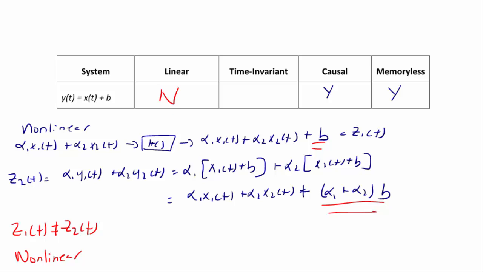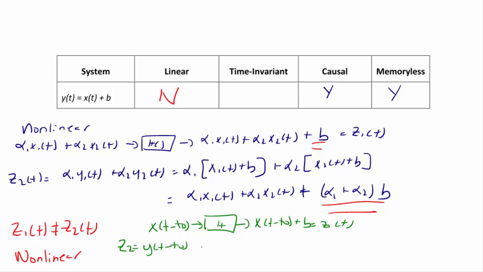Now let's check time invariance. For time invariance, when the input is x of t minus t naught, and you send that through our function, the output is x of t minus t naught plus b, and that's z1 of t. y of t minus t naught is going to be z2.